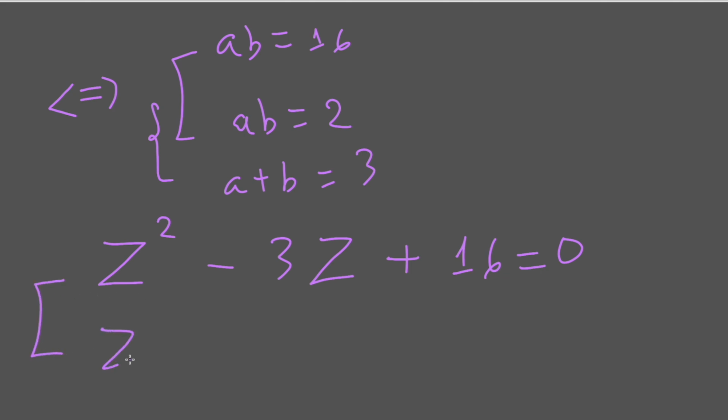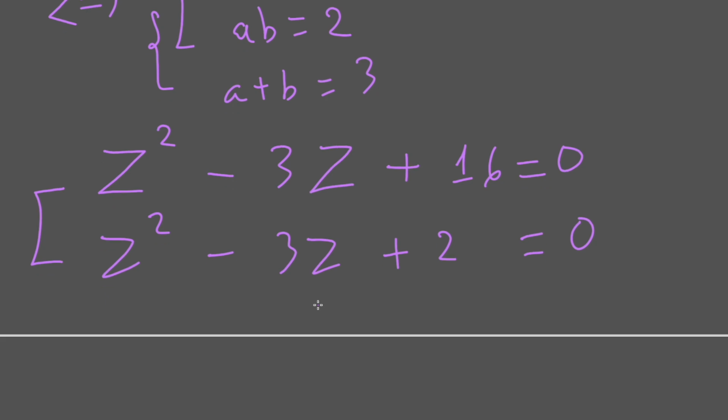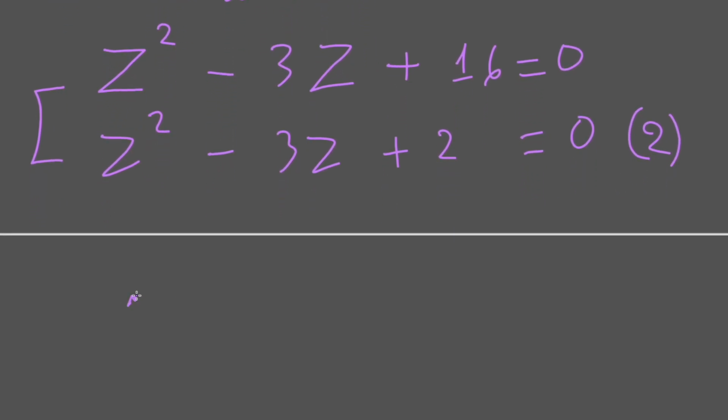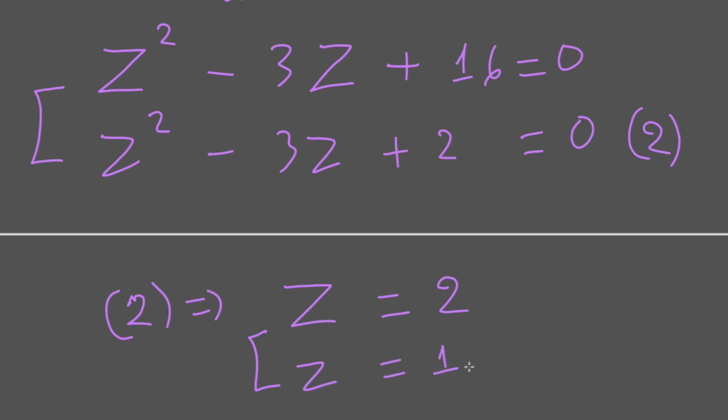For the second case, it's z squared minus 3z plus 2. So z will be equal to 2 or equal to 1.